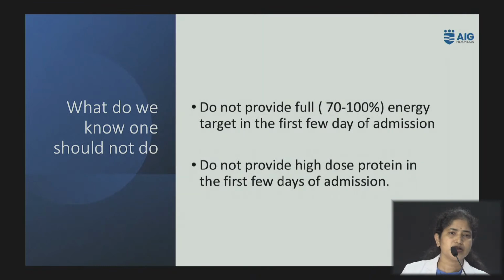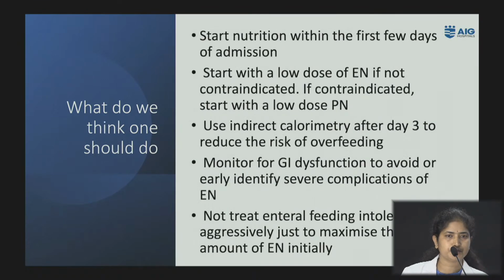At AIG, I would like to briefly take you through what our actual practice is in the AIG Surgical ICU. We do not provide full energy, which is a 70 to 100% energy target, in the first few days of admission. And we do not provide high dose protein in the first few days of admission. We do start nutrition within the first few days of admission, which is low dose EN.